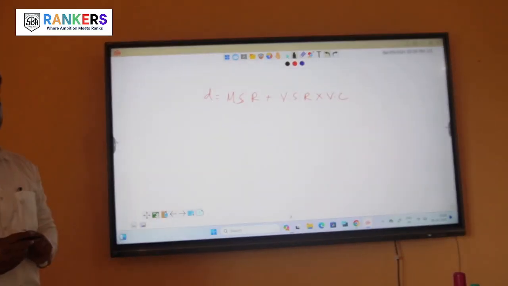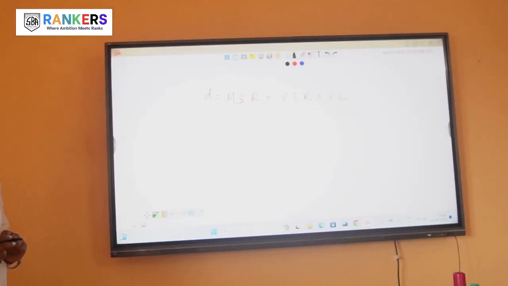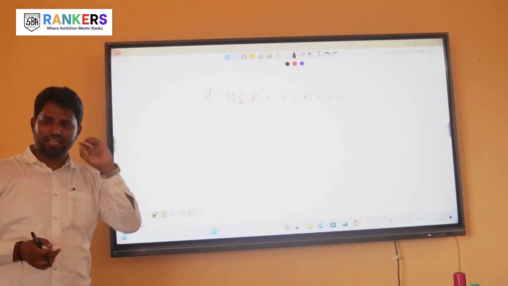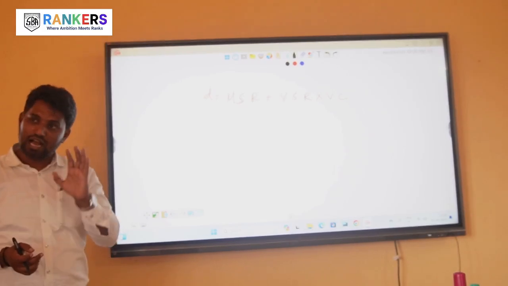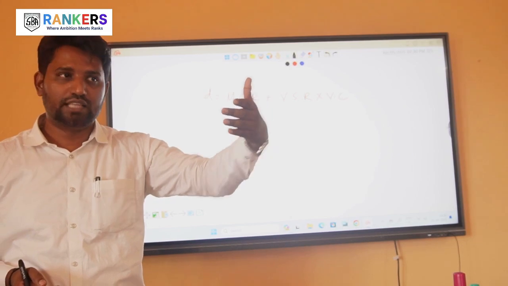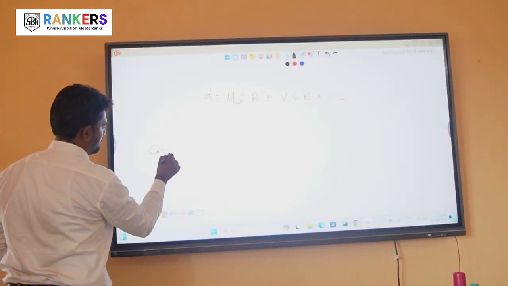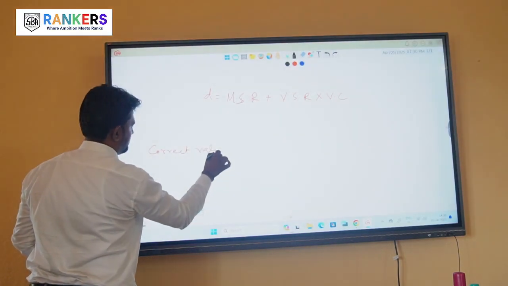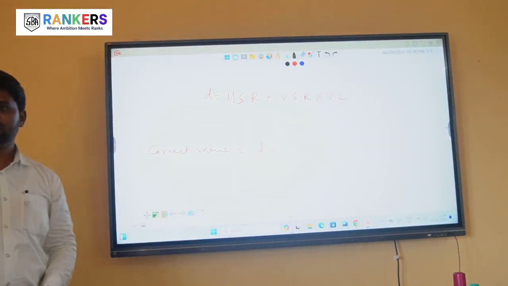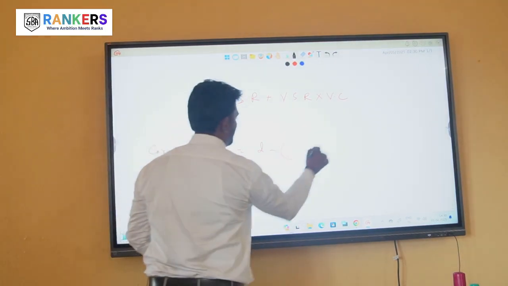This is the format. With the help of this format, you can calculate the diameter or any length. After that, you see which error is present in the apparatus. Then your correct value will be calculated as equal to this diameter whatever you get minus that error, positive error or negative error, whatever is given, you can write over here.